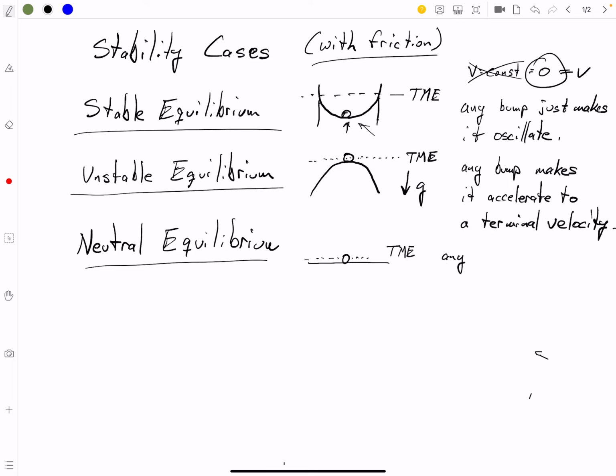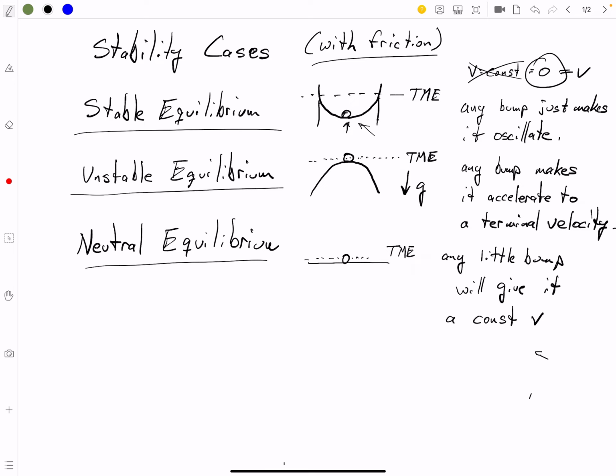Any little bump will give it a constant v. All right, so it'll have a constant velocity.